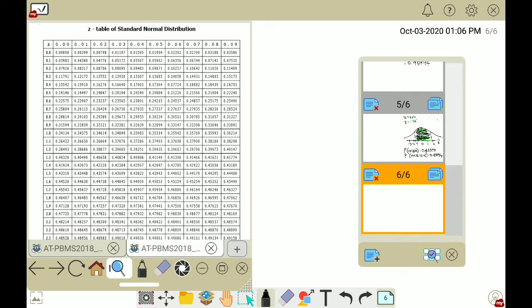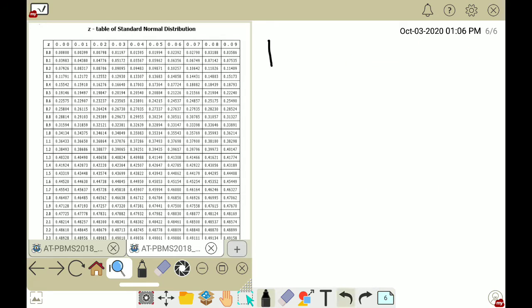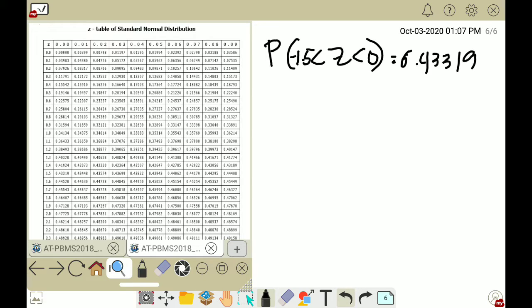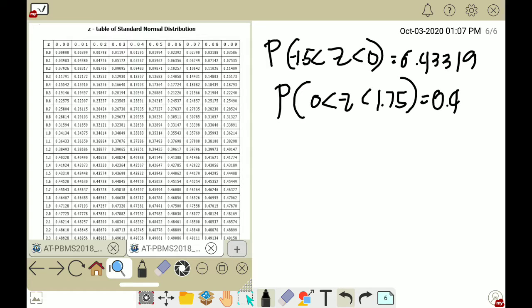So that will become P of Z between -1.5 and 0, that is 0.43319, and P of Z between 0 and 1.75, that is 0.45994.